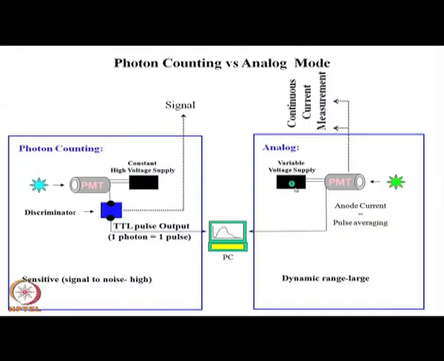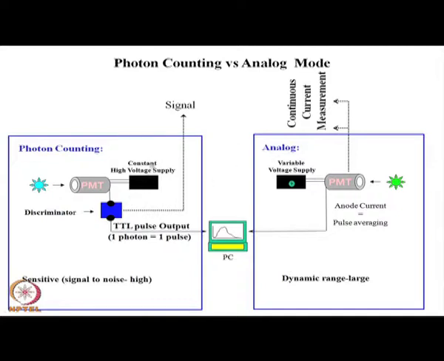If it is very weak, then you need to increase the sensitivity of the photomultiplier tube, so you can increase the bias voltage between cathode and anode. And this anode current, that is pulse averaging, is fed into a computer, and then with respect to a wavelength drive we plot it, and that gives the spectra which we get. It is a continuous current measurement procedure, given to the device which takes the data.